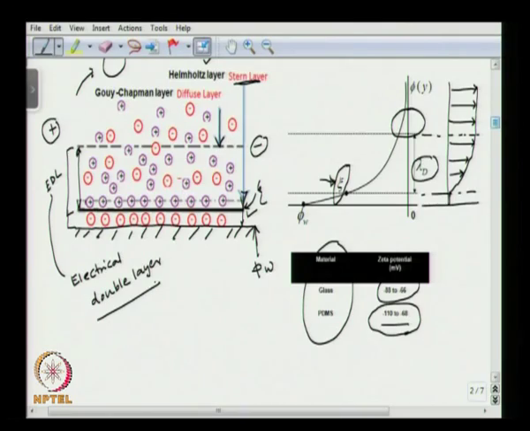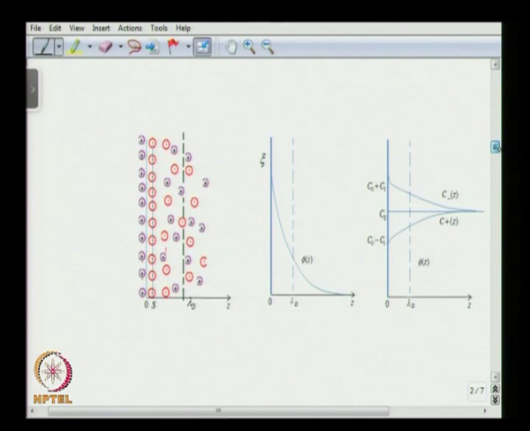Okay. Now let us talk about the continuum model for the electrical double layer. So here if you look at this case, we will be considering this case. Okay. So here we talk about continuum model of Debye layer.